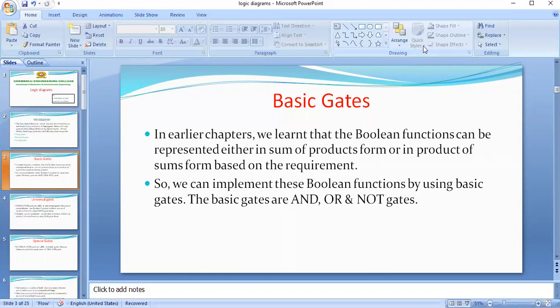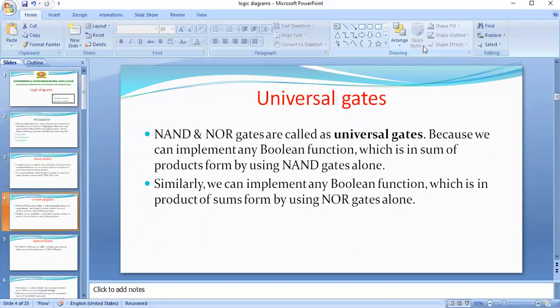So these three are called basic gates. By using only these three gates, we can implement any type of Boolean function. That's why these three gates are called basic gates: AND gate, OR gate, and NOT gate.